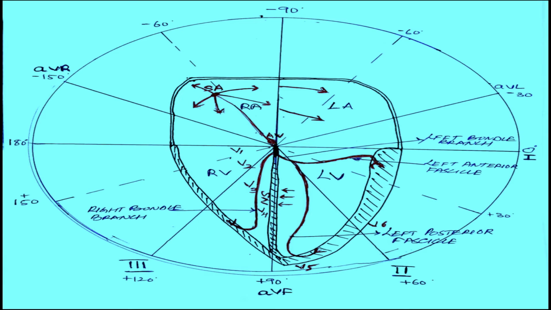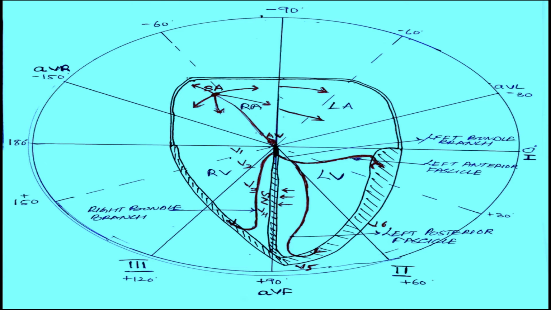Now we'll look at left anterior hemi block. Now you know left bundle branch divides into left anterior fascicle, which lies supero-laterally, and left posterior fascicle, which lies infero-medially. Now let's put a block at the left anterior fascicle. Now that part, the lateral part of the ventricle, has to be stimulated because it has to pump.